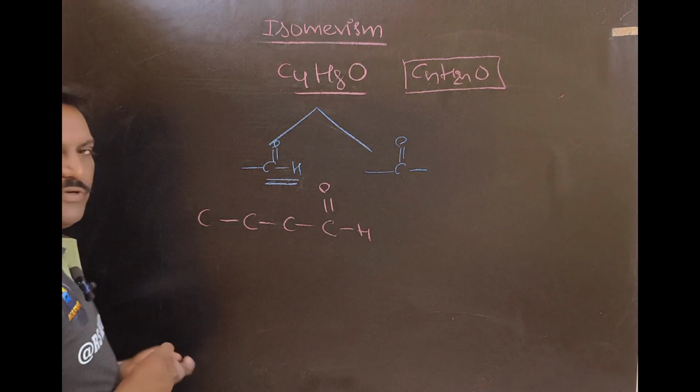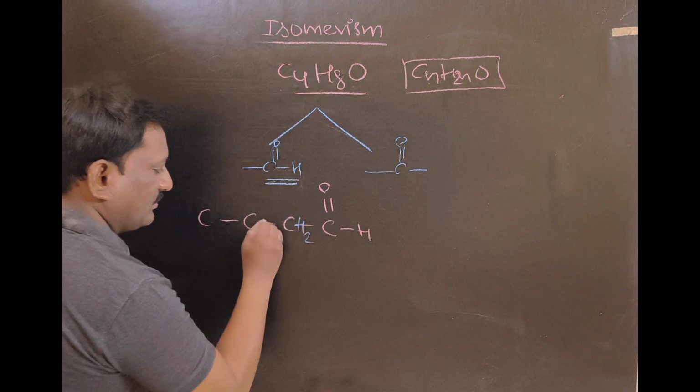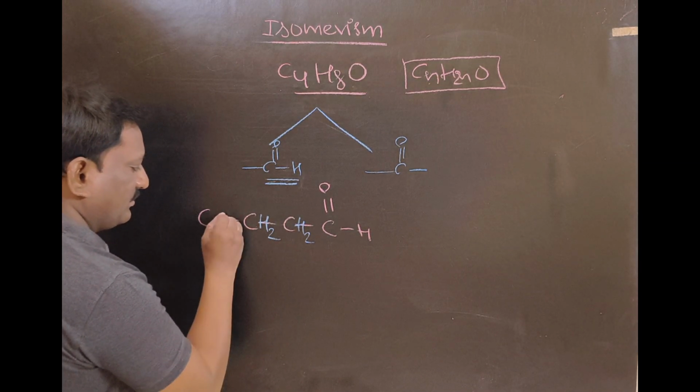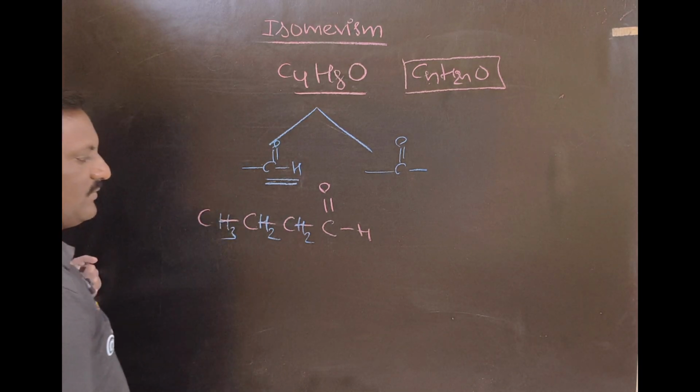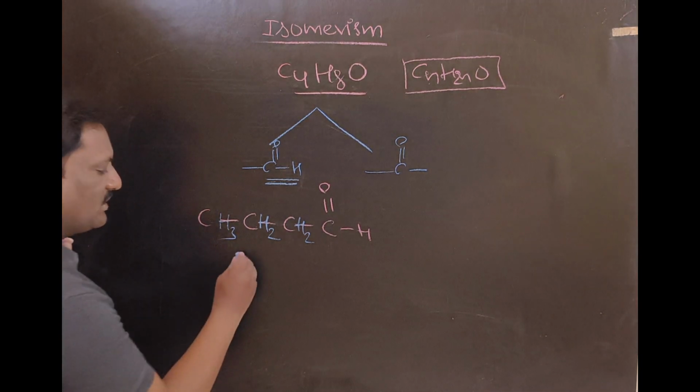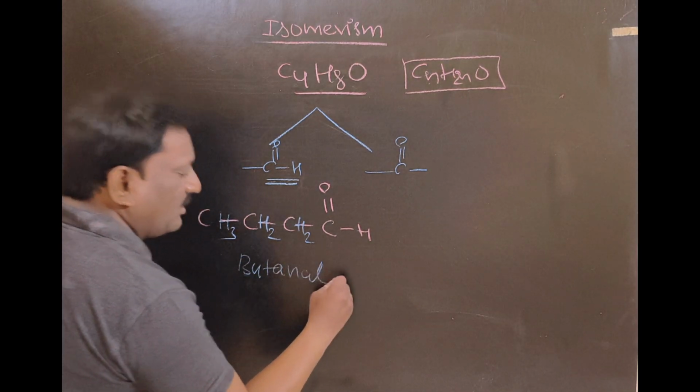The remaining valency must be filled with hydrogens. CH2, CH2, CH3. This is called butanal.